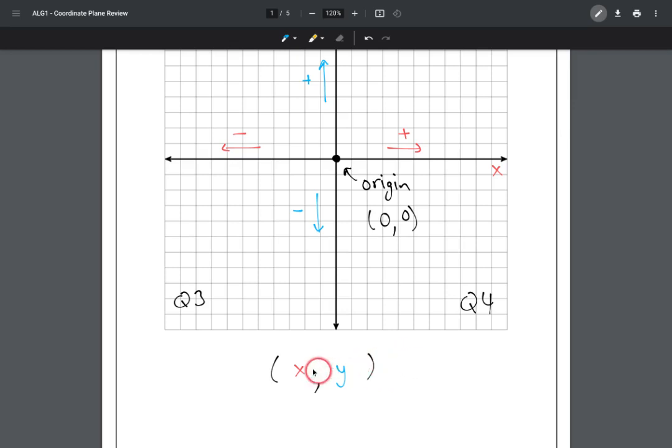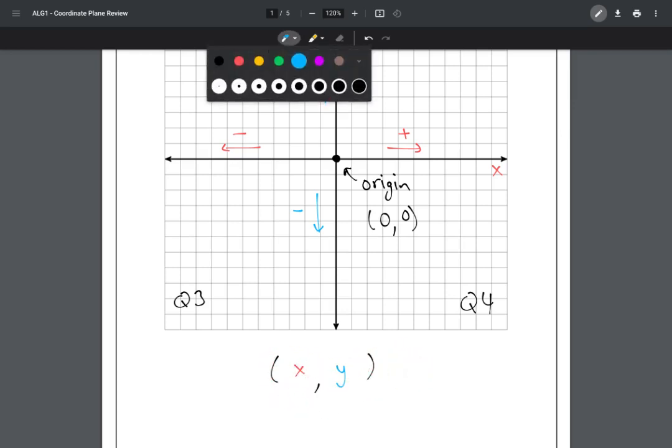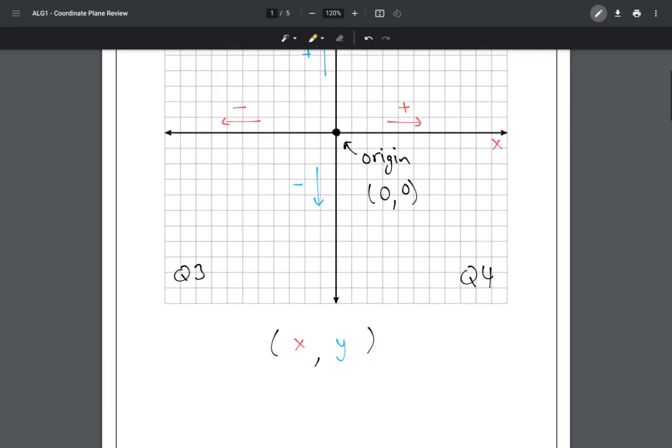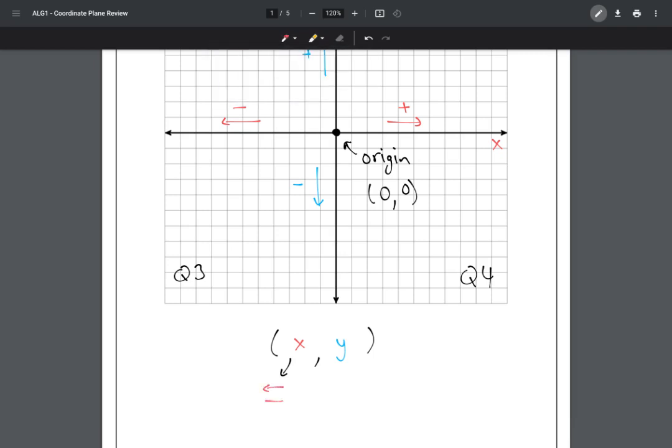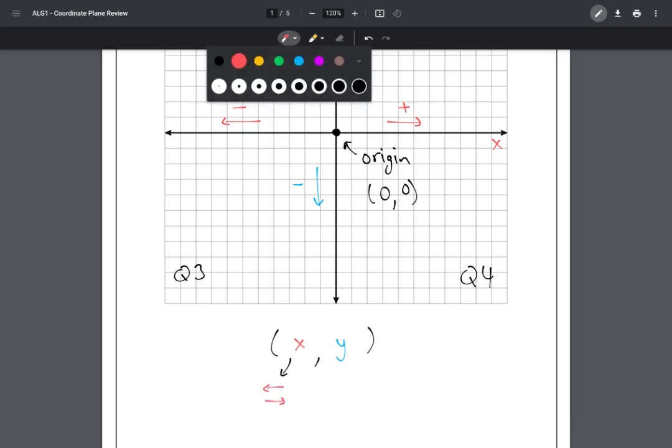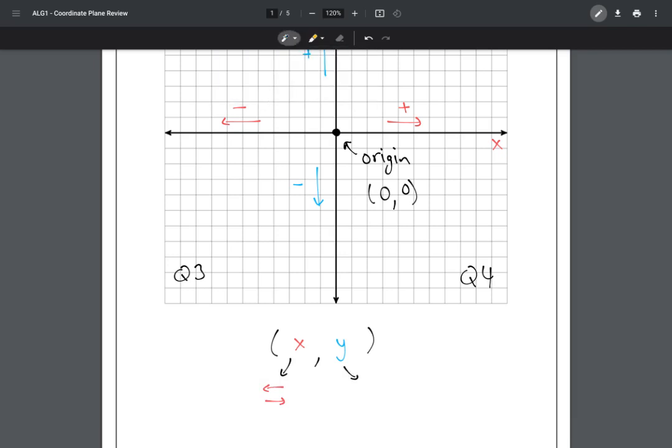Again, surrounded by parentheses and separated with a comma. All right, so the x-coordinate once more tells us to go left or right, depending on if it's positive or negative. And the y-coordinate tells us to go up or down, again, depending on positive or negative.